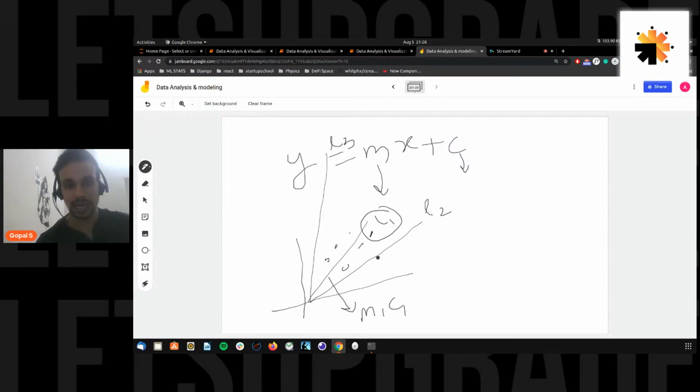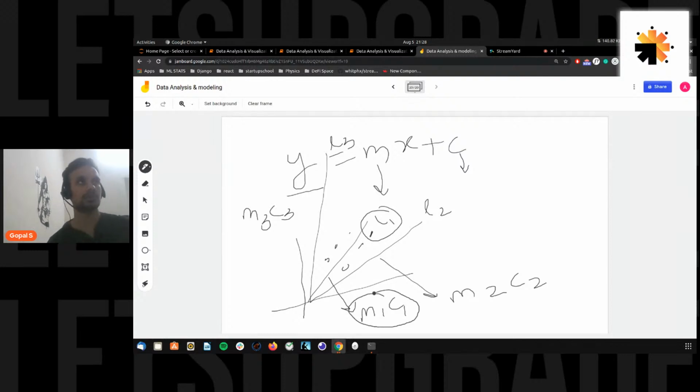So we tend to find these optimized values, m1 and c1. These are your parameters that we find in any machine learning algorithm, any machine learning task: the most optimized ones that give us the least error and best results.